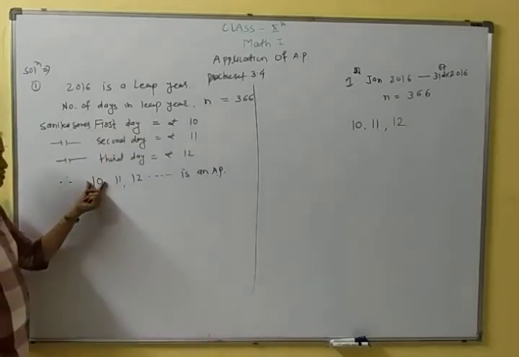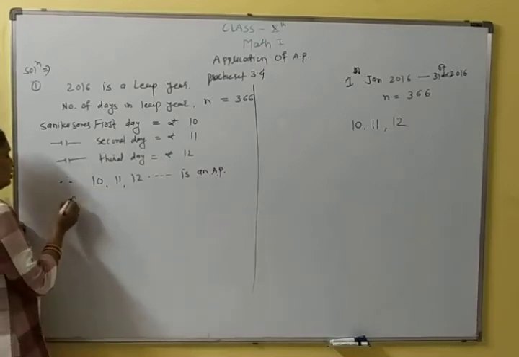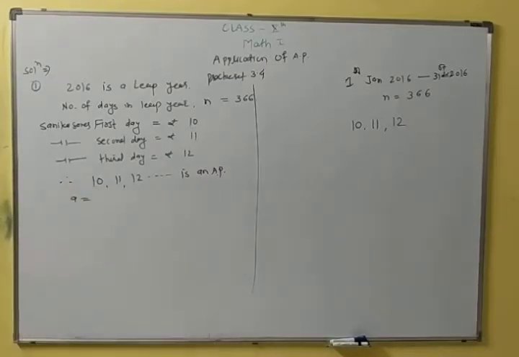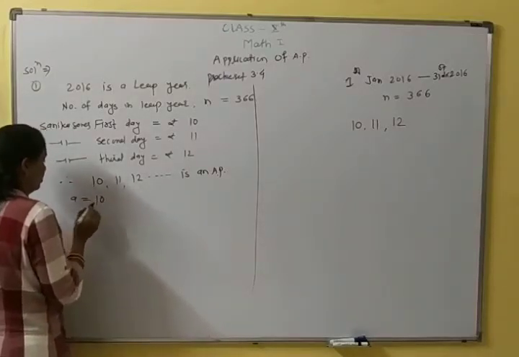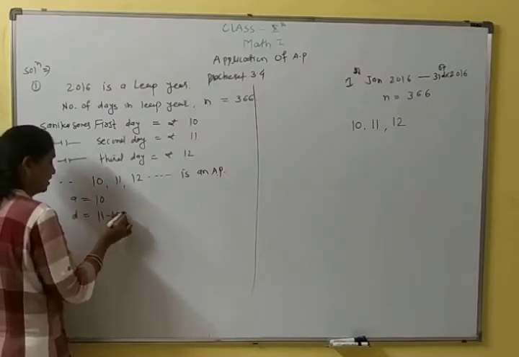So the first term is a, the second term is 11, the third term is 12. So here a equals 10. Then the difference equals 11 minus 10, that is 1.